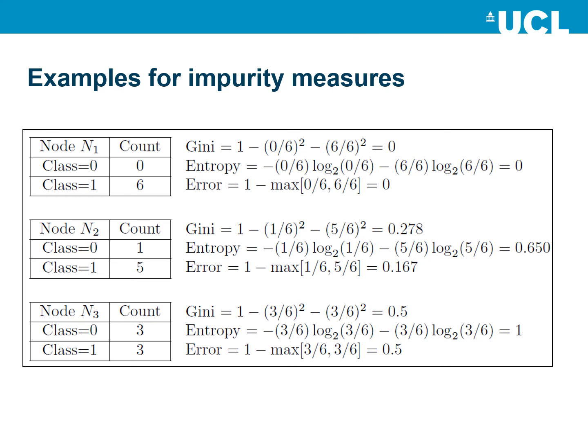Consider we have 1 instance of class label 0 and 5 instances of class label 1. We have a slightly increased Gini index and a slightly increased entropy of 0.65. And if we were to have a 50-50 split, 3 instances of class 0 and 3 of class 1, our Gini index is maximized with 0.5 and our entropy is maximized with 1. Please recalculate this by using the equations for Gini index and entropy to come up with the same numbers.